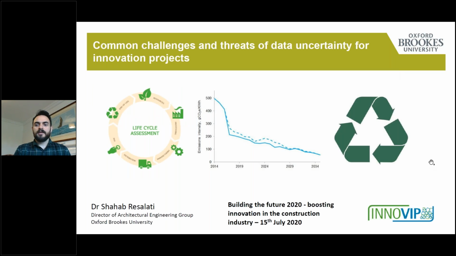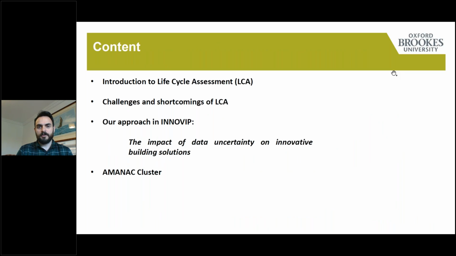So I'll be talking about the common challenges and threats of data uncertainty for innovation projects. I'll start with an introduction into life cycle assessment, and then I'll talk about the challenges and shortcomings of the current methodologies and standards out there in practice, and then discuss what our approach was in the INNOVIP project.